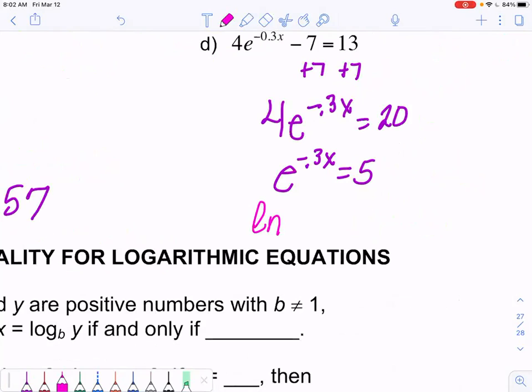Anytime it's an e, you use the natural log. So the natural log of 5 equals negative 0.3x. And then just make sure you're dividing the natural log of 5 by negative 0.3 to get x by itself. Negative 5.365.